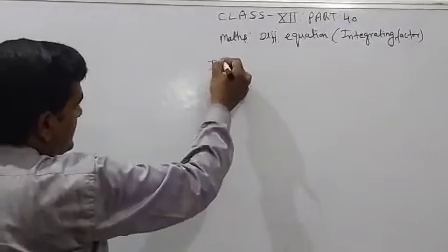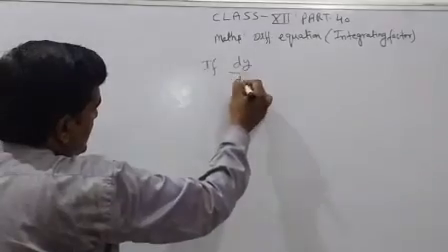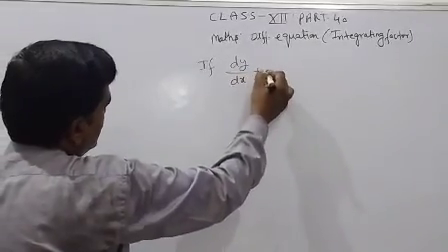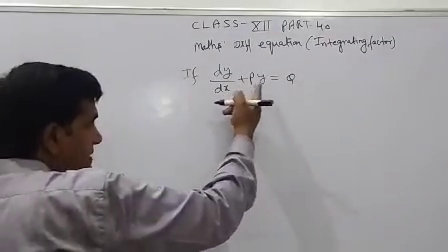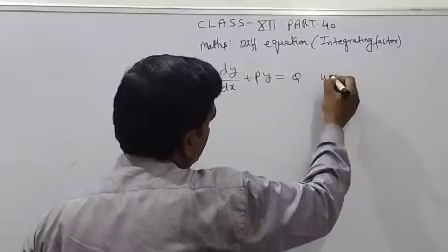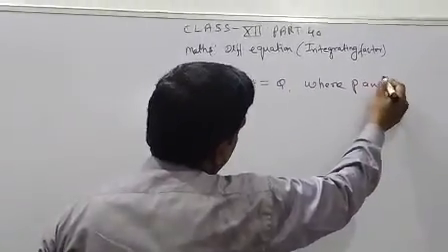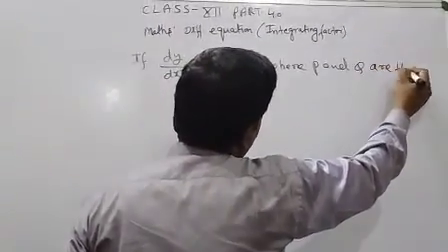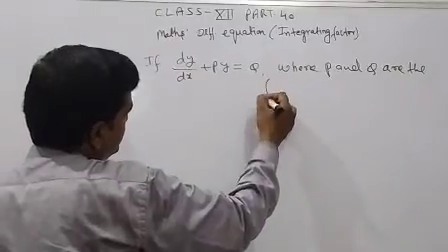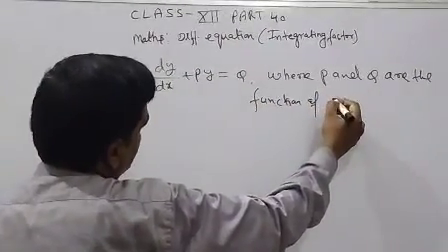If any differential equation is in the form dy by dx plus py is equal to q, clear? dy by dx plus py is equal to q, where p and q are functions of x.